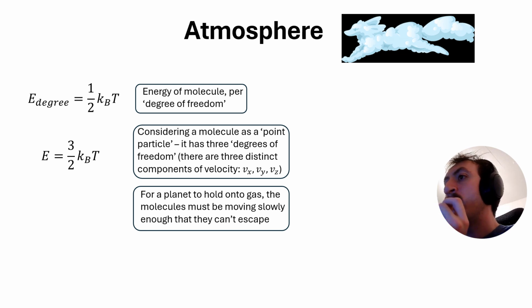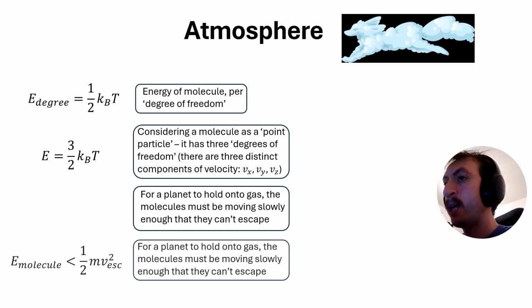Now, we're going to want to relate this energy to the energy of a hypothetical molecule which at a given temperature has just enough energy to escape the planet. When our molecule has just enough energy to escape the planet, we say it's moving at the escape velocity.